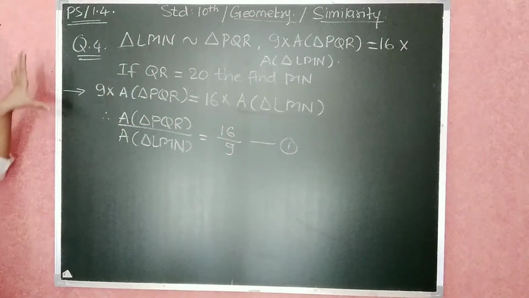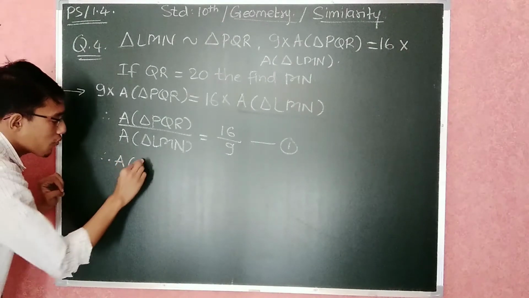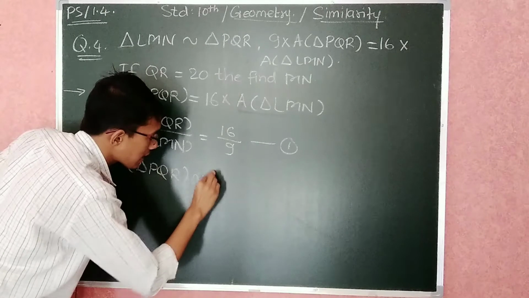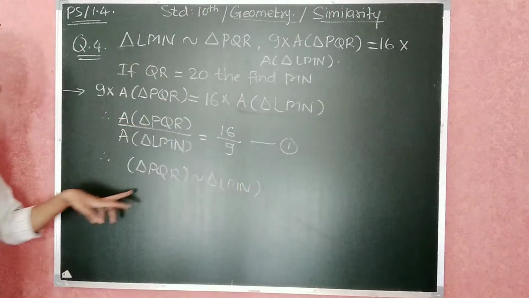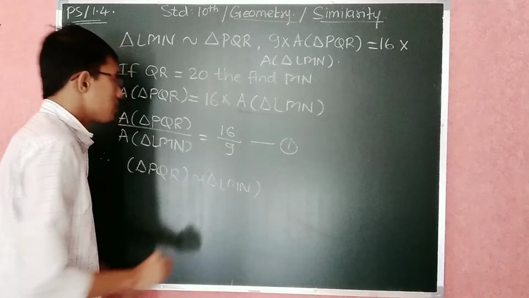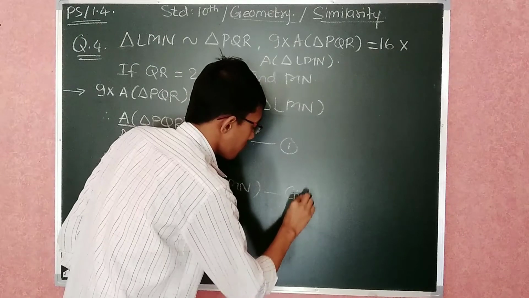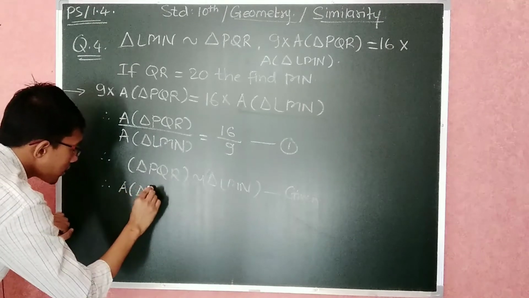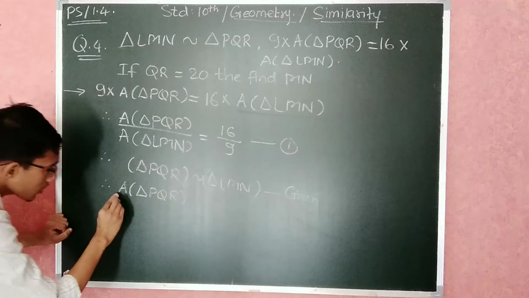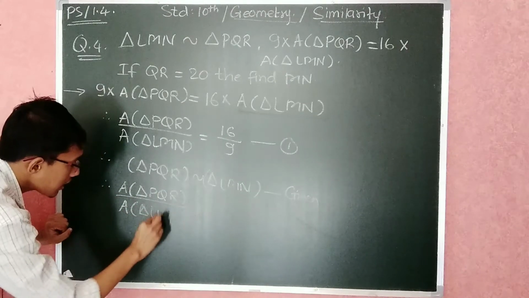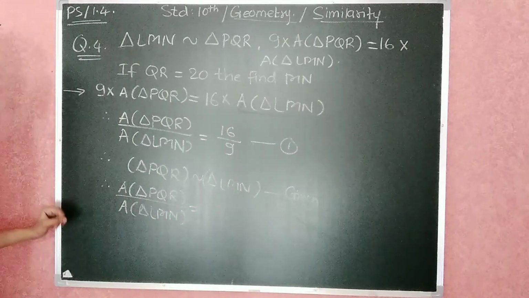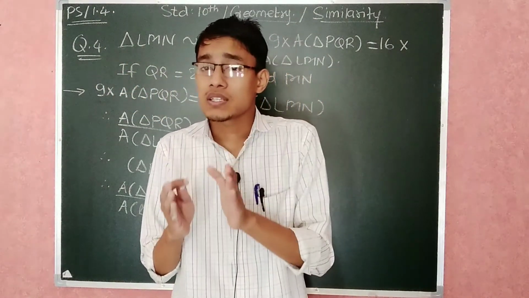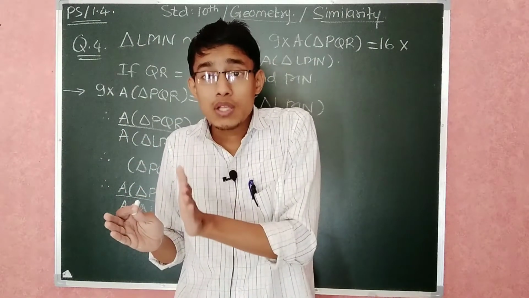Then, as it is given that triangle PQR is similar to triangle LMN, both are similar to each other, from the given I can write area of triangle PQR upon area of triangle LMN is equal to, we know that if two triangles are similar to each other, then the ratio of their areas is equal to the ratio of the squares of corresponding sides.